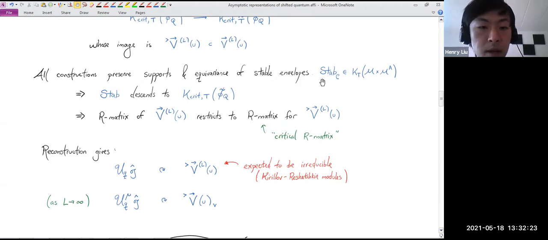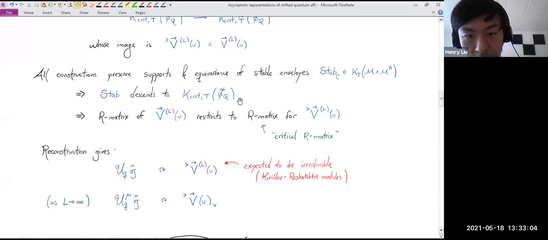What this means is that the stable envelopes on the original Nakajima quiver variety will restrict nicely to the critical K-theory of the perturbed phi tilde. And so the original R matrix of the Nakajima quiver variety will restrict to an R matrix for the module we're interested in, this module of descending flags.